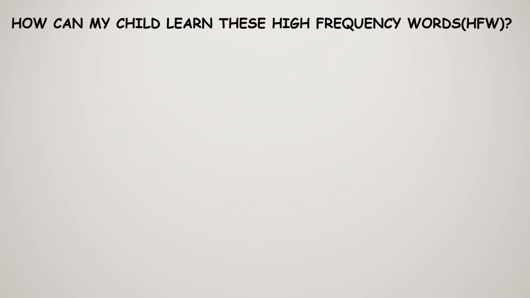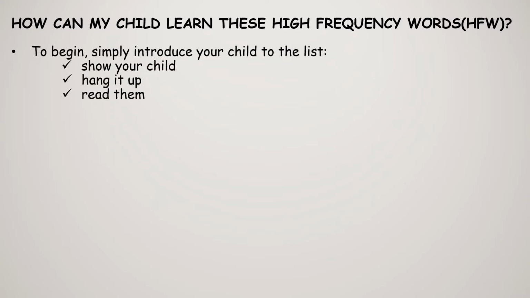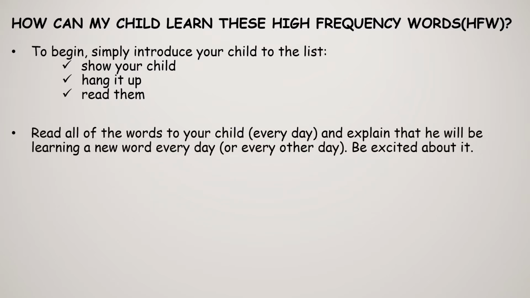You're probably asking yourself, how can my child learn these high frequency words? To begin, simply introduce your child to the list. Show your child the list. Hang it up. Put them on your fridge. Read them to your child. Then read all of the words to your child every day and explain that he or she will be learning a new word every day or every other day.